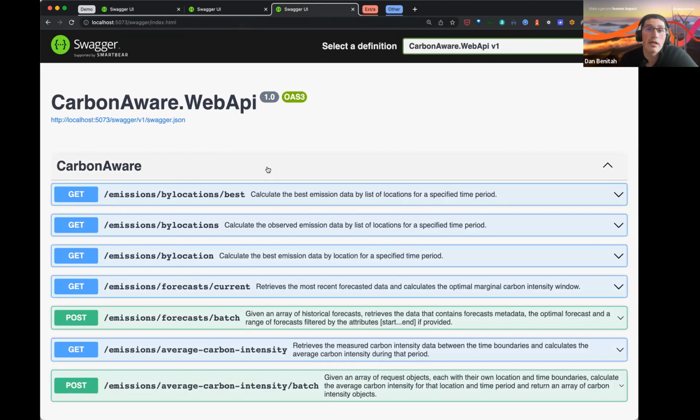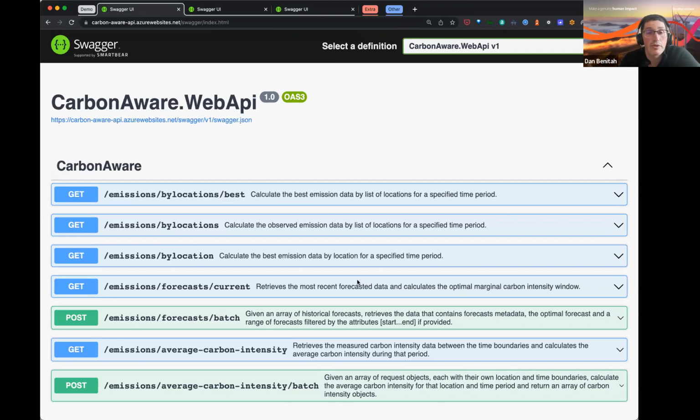In both cases, an API key is set up. We'll come back to that in a second. But basically that gives us access to real data about real energy emission, carbon emissions, which obviously makes everything you'll be doing using the API more relevant.